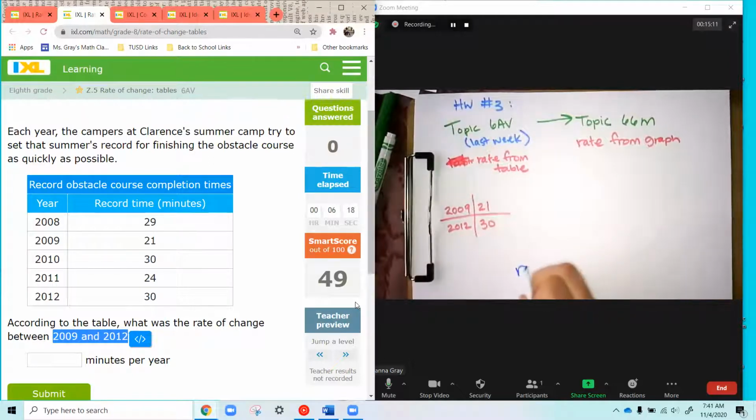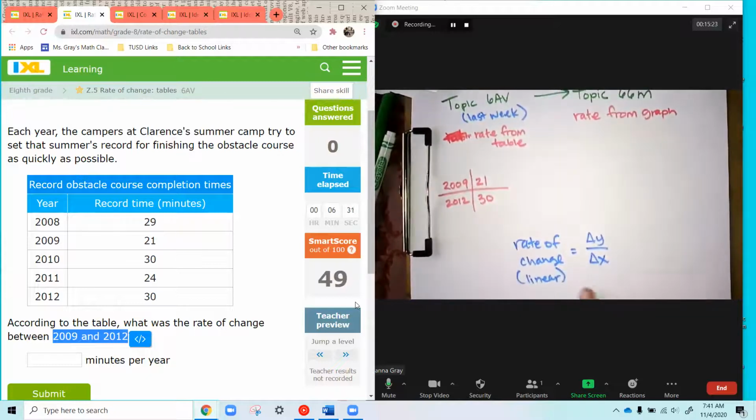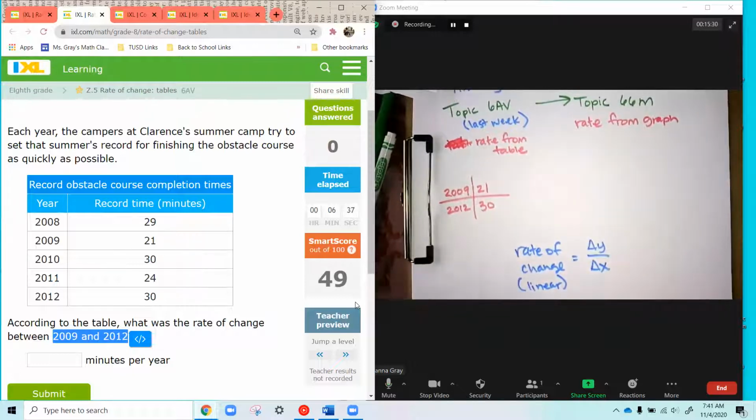So the rate of change for this kind of linear relationship is the change in y over the change in x. So you're always comparing what's happening with the y's in a fraction over what's happening with x. So it's like a division problem, but we want to look at it as a fraction. We like this when it's a fraction.